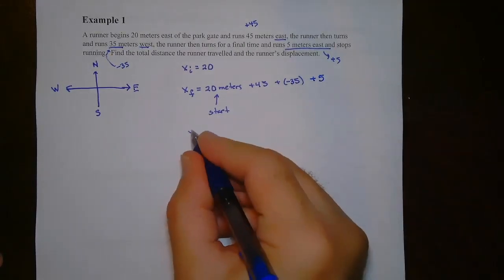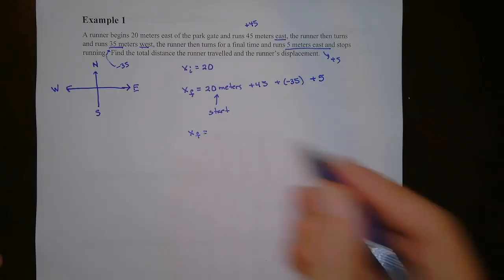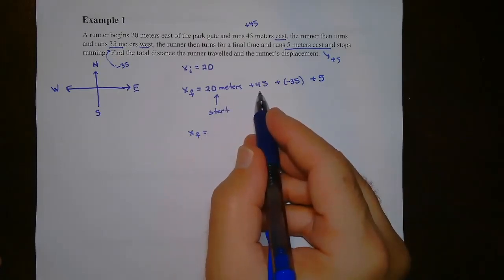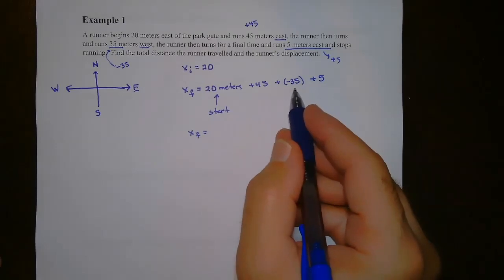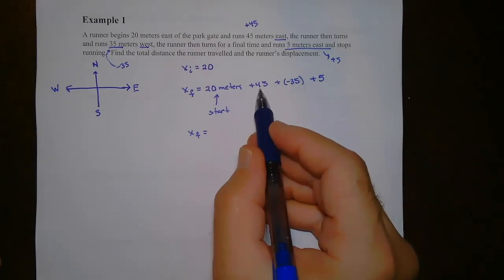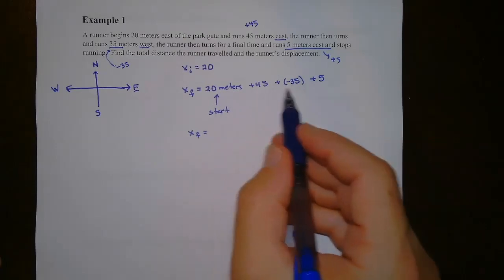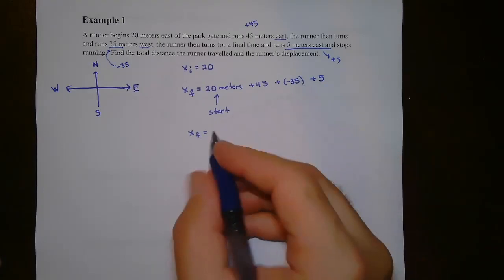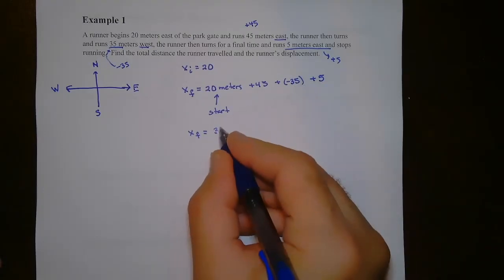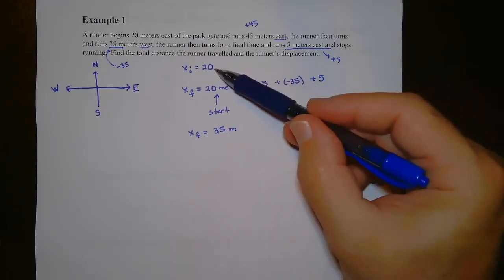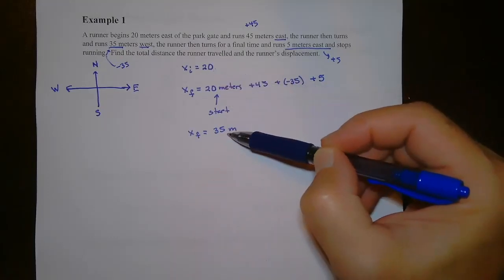So that means the final position we could get by taking the 20 and adding 45 and then taking away 35 and then adding 5. So 20 plus 45 is 65, minus 35 is 30, and then plus 5 is 35. So if this is like the x-axis, we started on 20 on the x-axis and we ended up at 35 on the x-axis.